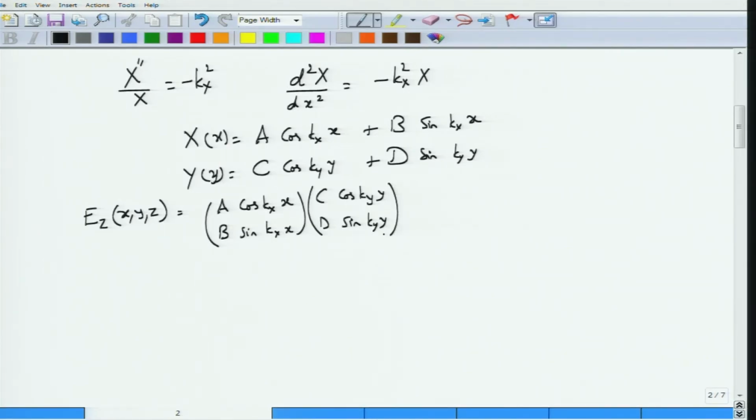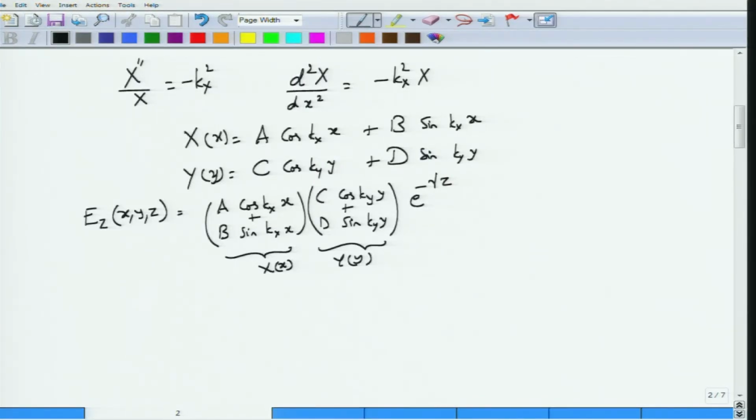I am trying out a new notation over here. Okay, I need to put a plus sign because there are four terms: a cos kx x into d sin ky y, a cos kx x into c cos ky y, and so on. I am writing these four terms in terms of brackets. So this would be X of x, this would be Y of y. All of these terms would be propagating as e power minus gamma z. Okay, so this is your electric field component Ez.